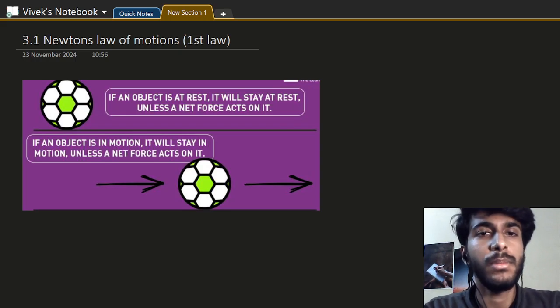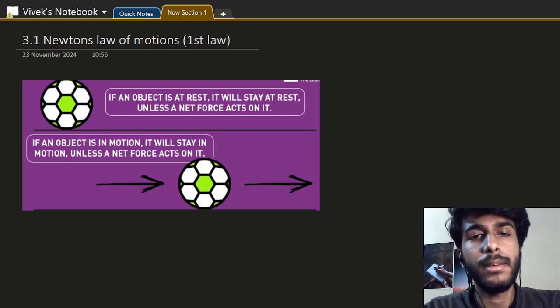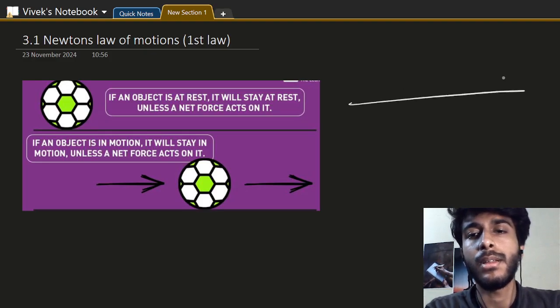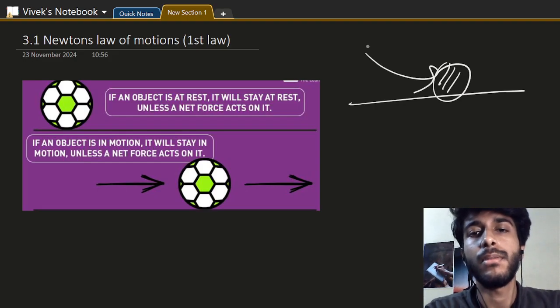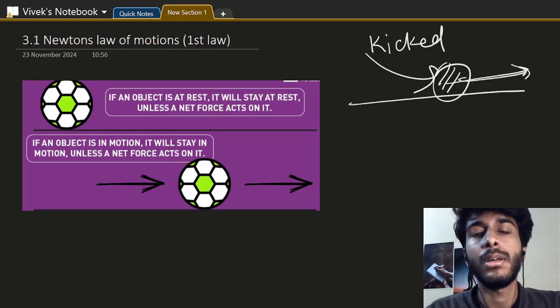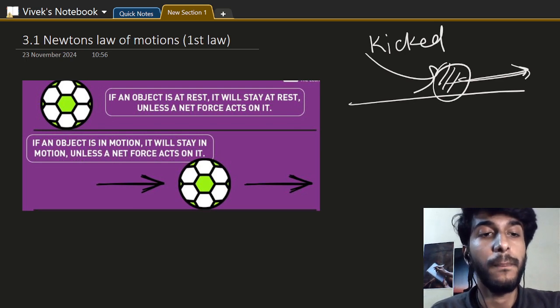Now coming to the main part of this lecture, that is the first law. Okay, it says that if an object is at rest, it will stay at rest. So again taking the example of football, it was at rest, but when you kicked it, it started the motion, and that is why we say that the kick is a force applied on the football.